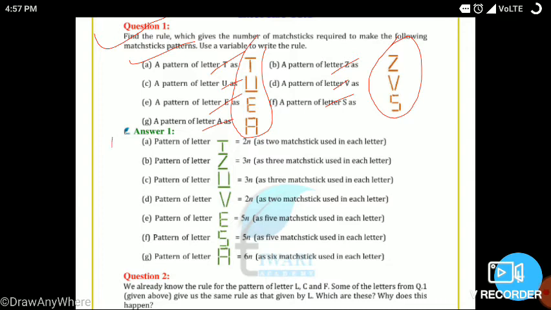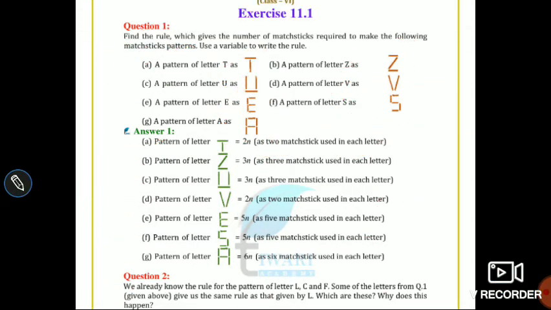Okay, so see, first question is what? A pattern of letter T. So here in T, the matchsticks used total number 2, right? 1 and 2.